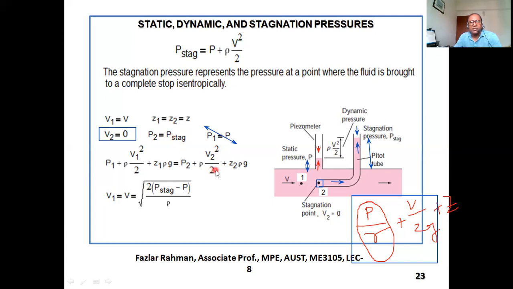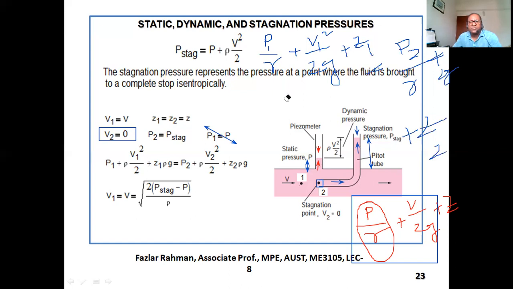Now you apply Bernoulli's equation on both sides. Then what will you get? P1 by gamma plus V1 square by 2g plus Z1 equals P2 by gamma plus V2 square by 2g plus Z2, right?